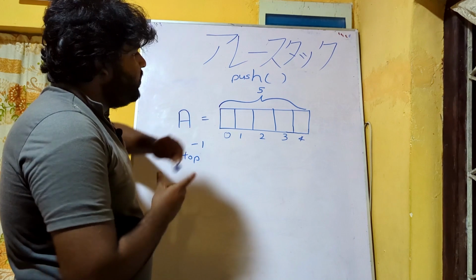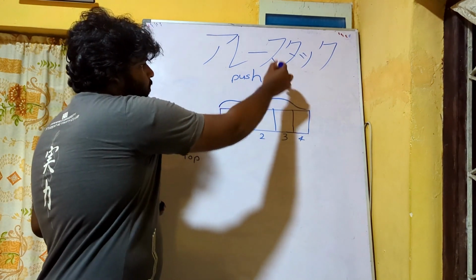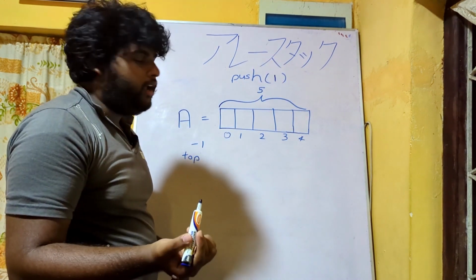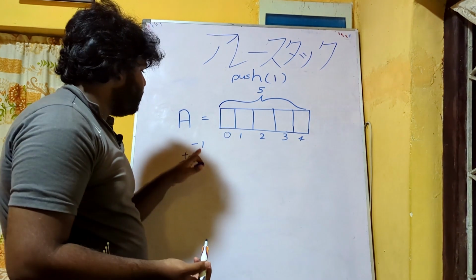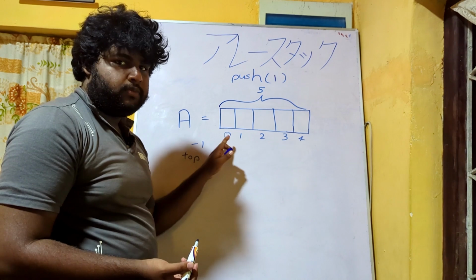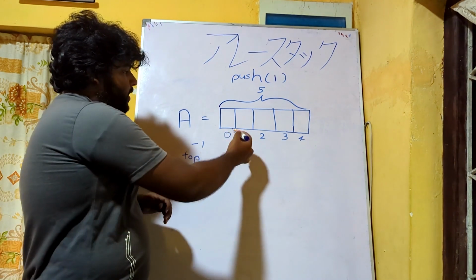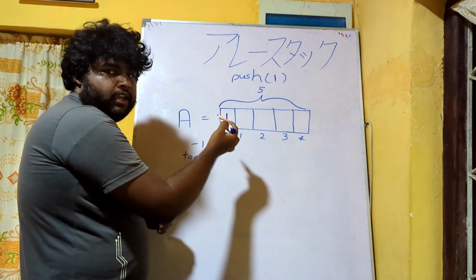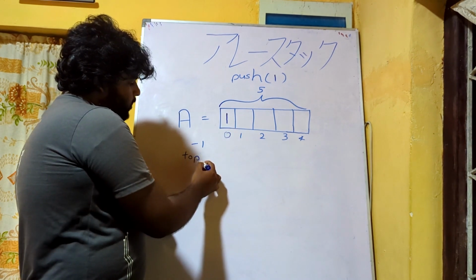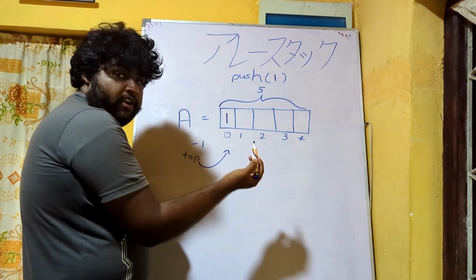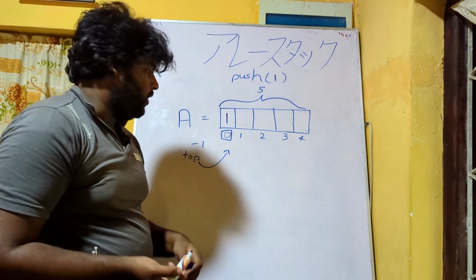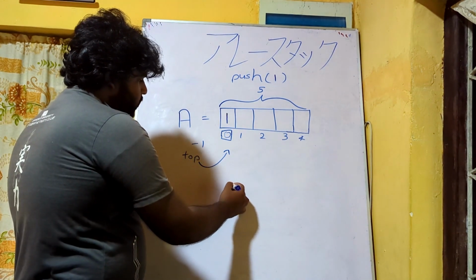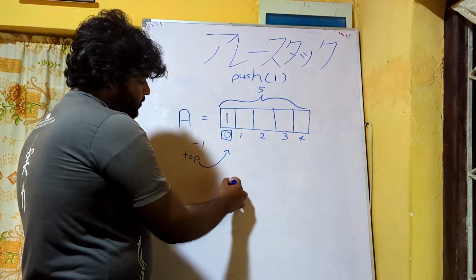So when I'm trying to insert or push 1 into my stack, the 1 should be entered into the stack, and my top should go to that specific index. Pushing 1 should enter it into the array, and my top should already be here. So how do we do this inside Java? We can of course use the indexes to access the array.